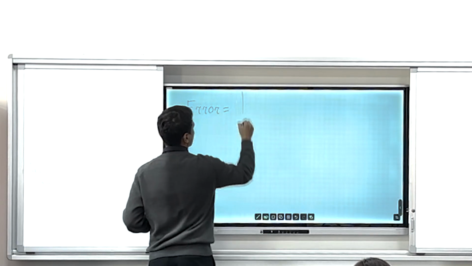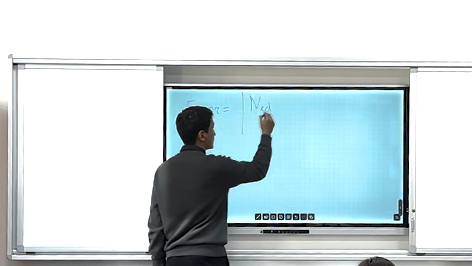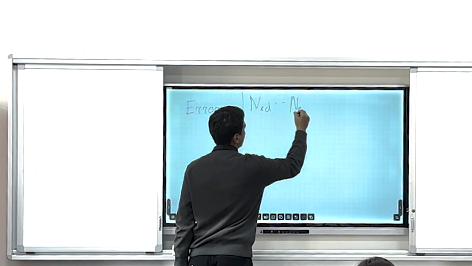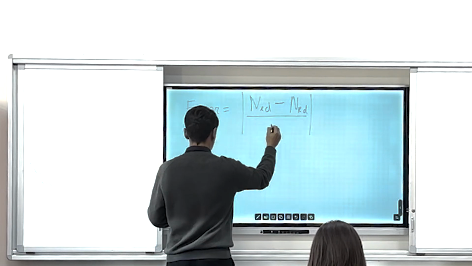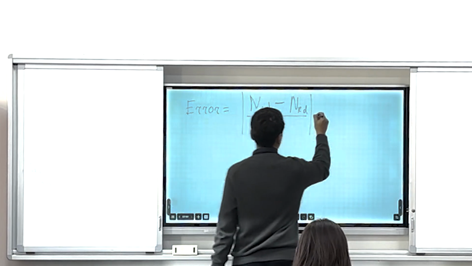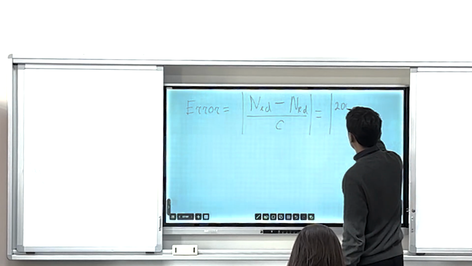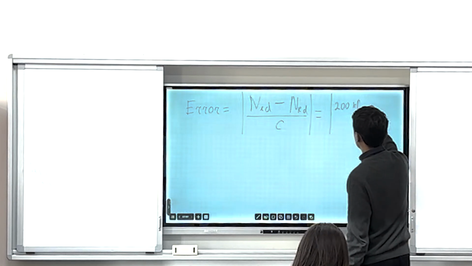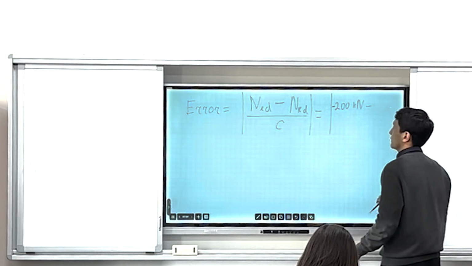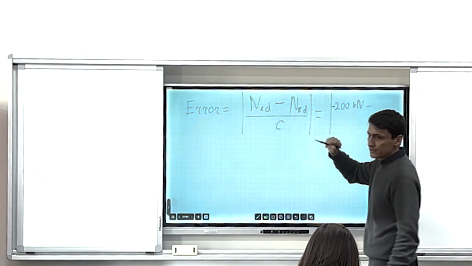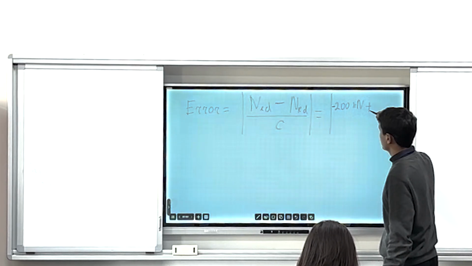So the error is equal to NED, which is the acting external axial force, minus NRD, divided by C, right? This is the error. So now we have 200 kilonewtons acting. It's actually minus 200. Then we have NRD, which is also minus, so we will have plus here.